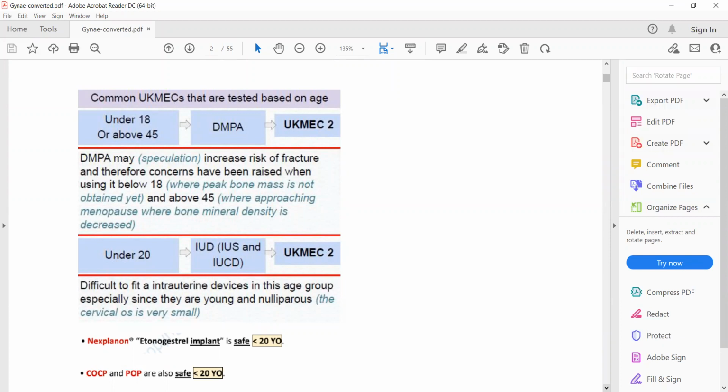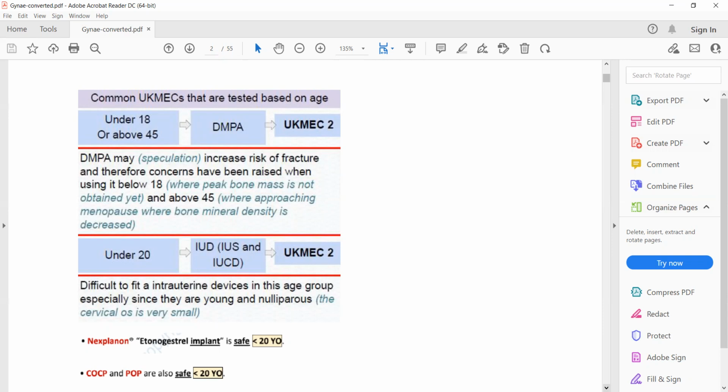You can still use it. The risk is not that much. The benefits are still greater in this age period. They can be used, but they are not the favorite or gold standard in this age group.